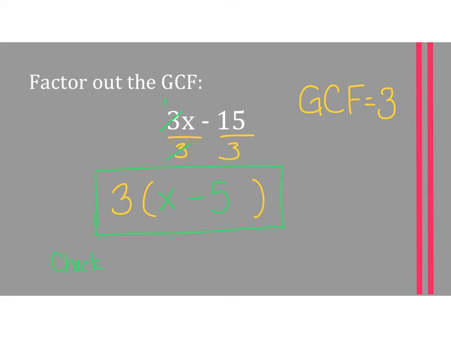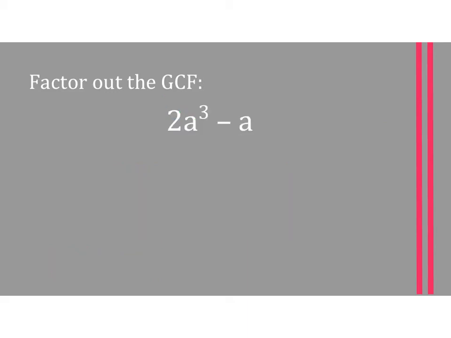First of all, you look inside at the remaining polynomial and you think, is there anything bigger than 1 that goes into both of these? 1's the largest thing that goes into both, so that's a good sign. And then the second thing you do is you redistribute. If I distribute 3, I would get 3x, and if I take 3 times negative 5, that is minus 15. So I get what I started with, so that's a good sign.